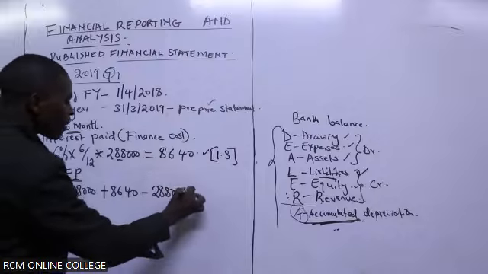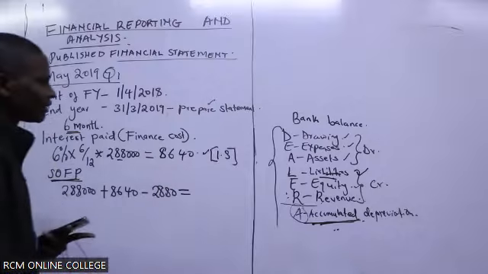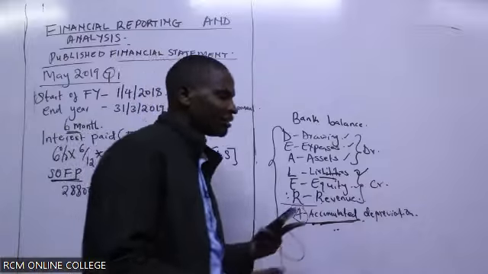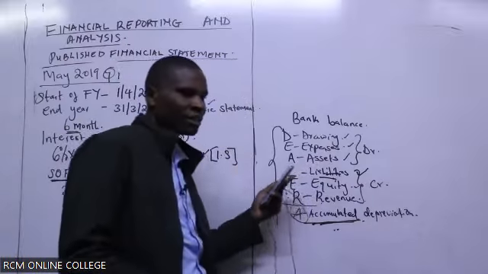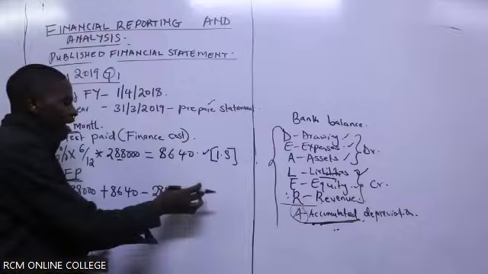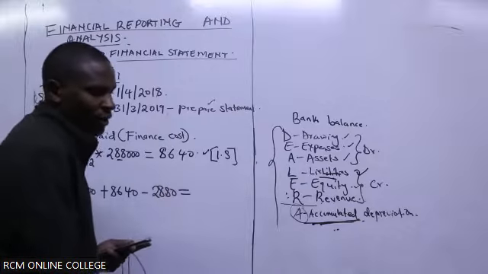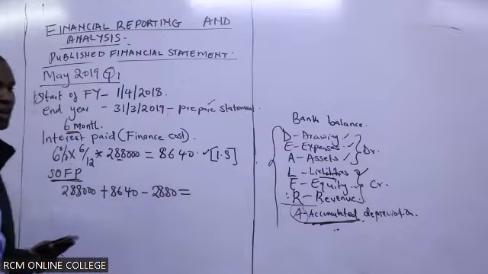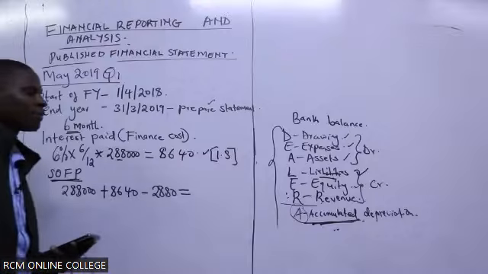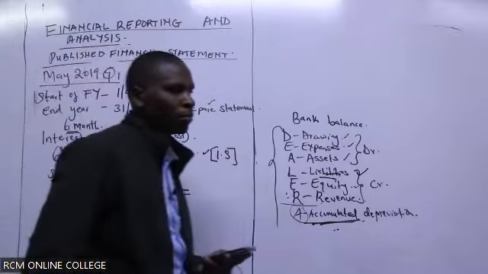What will be the amount to be recorded under the 4% debenture in the statement of financial position? Please give me the value here, and that is what we shall be recording in our statement of financial position.